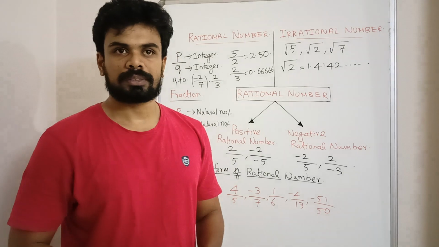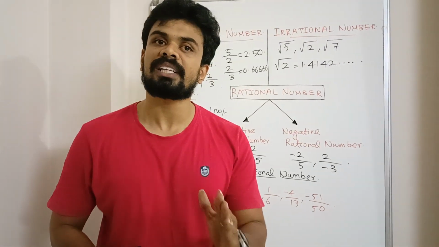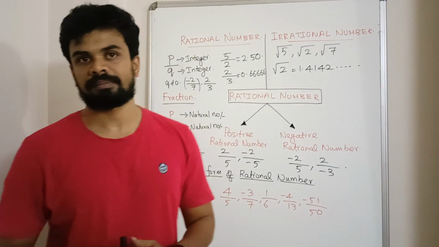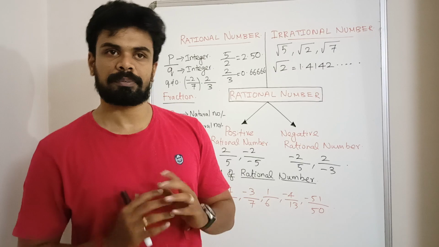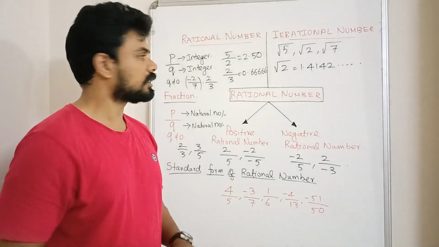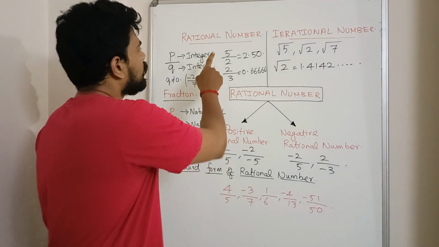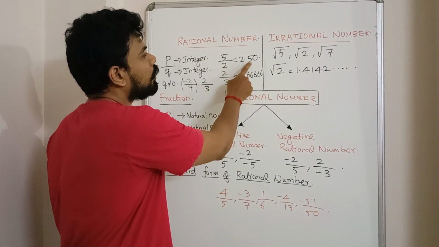Regarding the second conclusion, rational numbers always terminate or recur. Sir, what is that? Please explain in depth. See, rational numbers are terminating. How? If I calculate this, I am ending with 2.50.